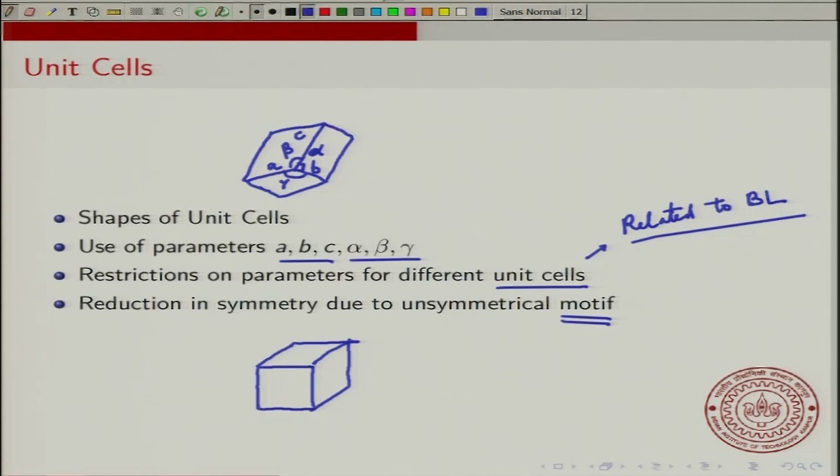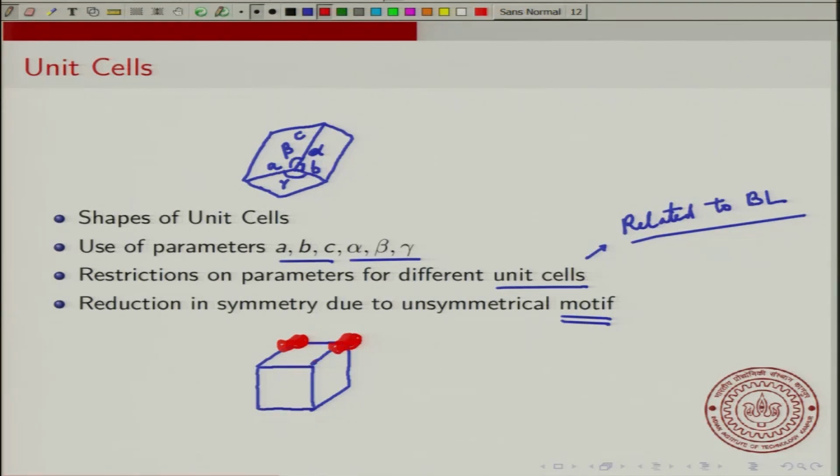Now, suppose I put some unsymmetrical unit. Let me put something that looks like this object, and let me take just a primitive cubic.